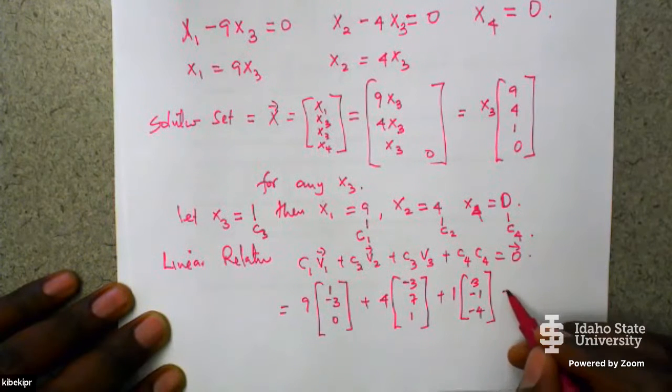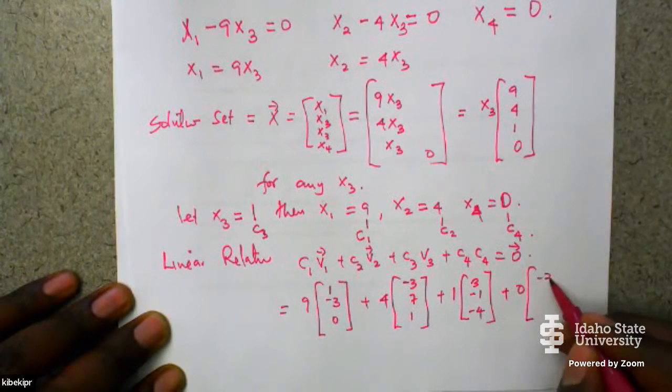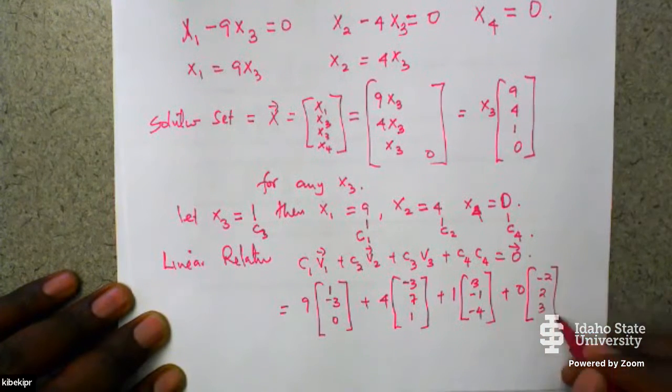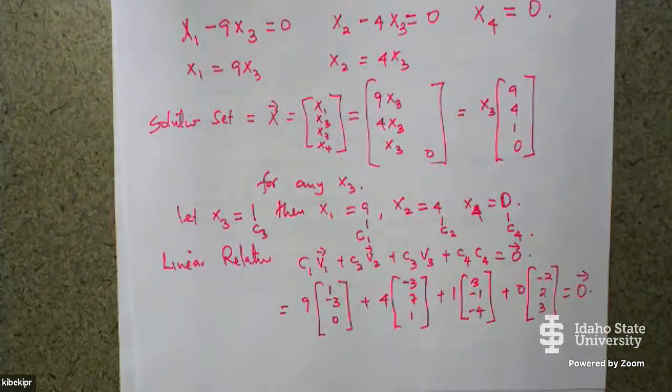And then finally, plus C4, which is 0, and our vector is -2, 2, and 3, equals 0. So that is our linear relation.